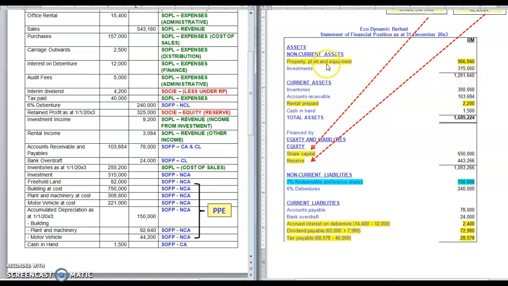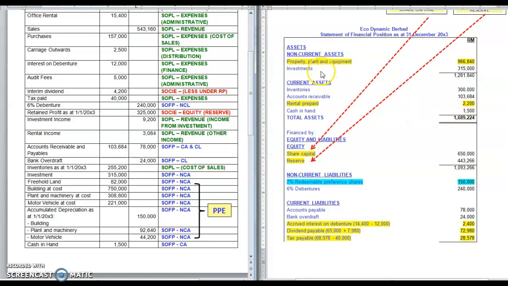For example, after you have grouped all the non-current assets, you add up these two and draw a single line to show the mathematical operation. Finally, we compute the total assets, which is the amount of non-current assets plus the amount of current assets. The amount of total assets is double ruled.